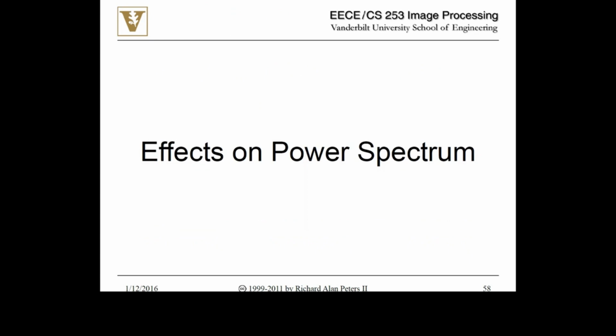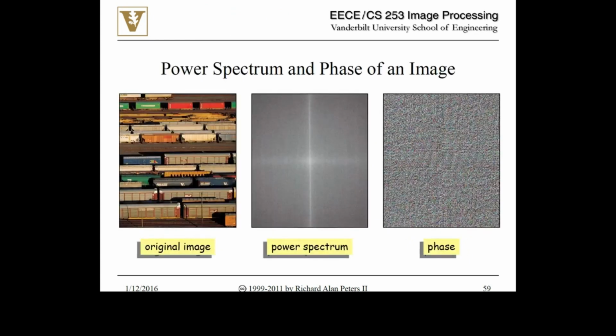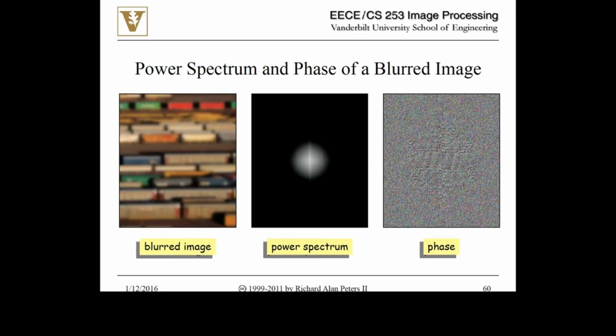Okay, what about the power spectrum? Okay, so let's say we have an original image, and then we have the power spectrum, the phase of that image, and then when you do a low-pass filter, you are keeping the central region of that power spectrum. And you may remember now this 1 over omega squared that typically images have.